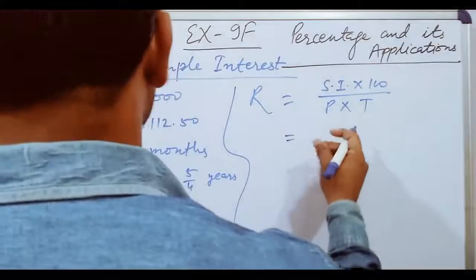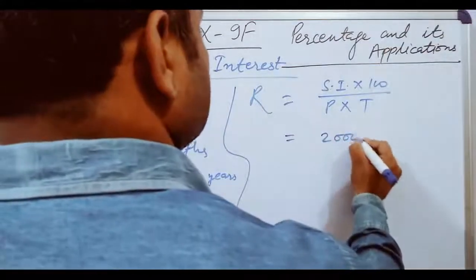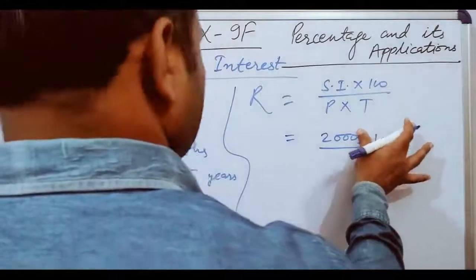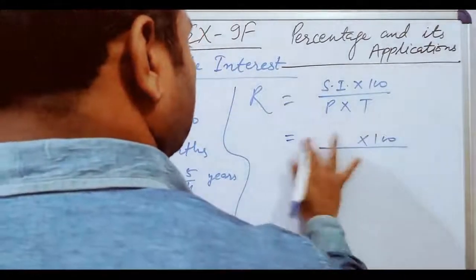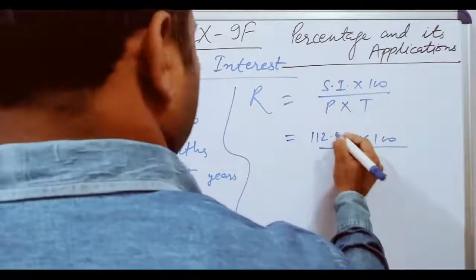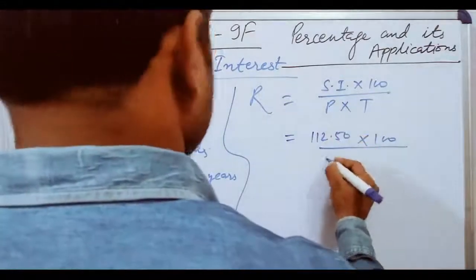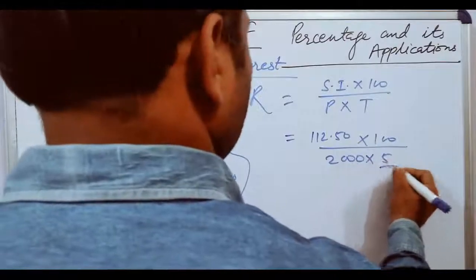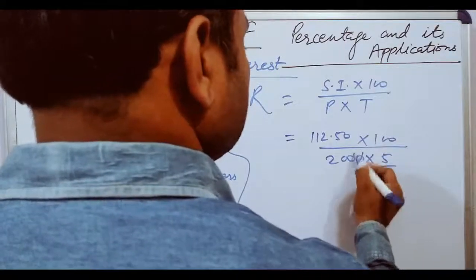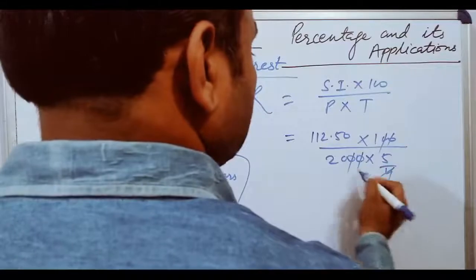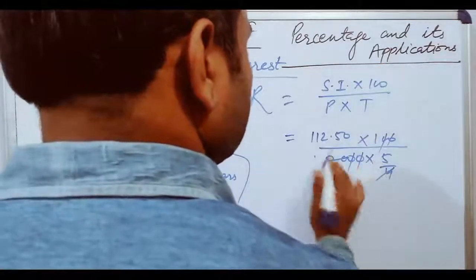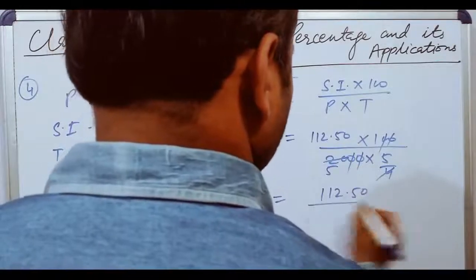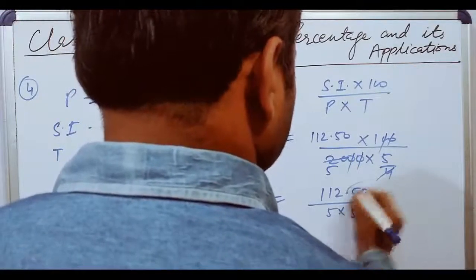Then R equals 112.50 into 100 upon P, 2000, into T, which is 5/4. The zeros cancel, and 4 times 5 is 20. Then 112.50 upon 5 into 5.